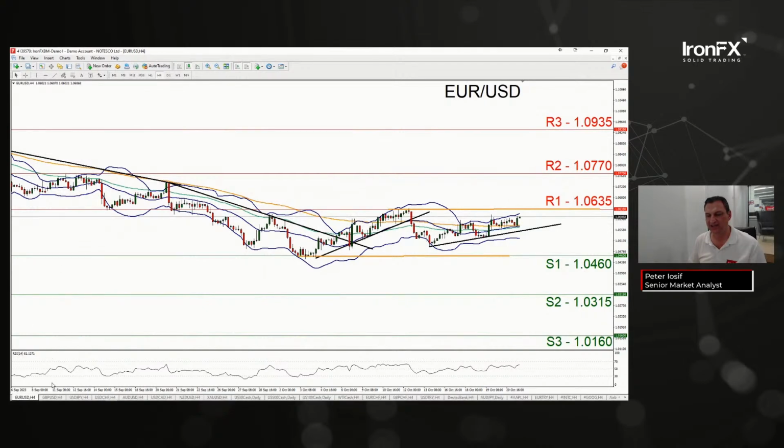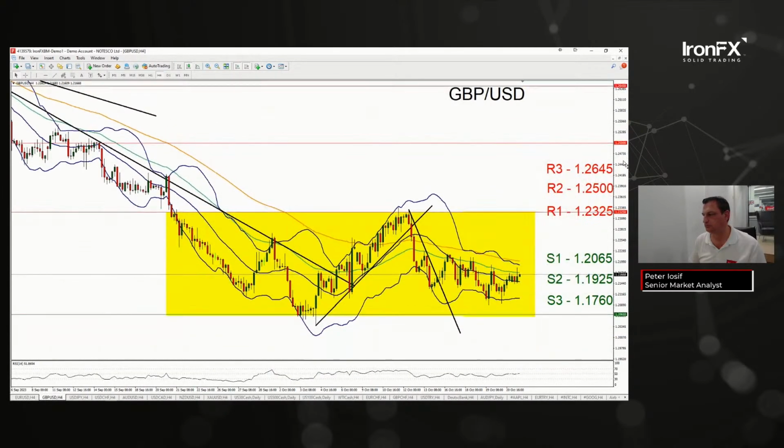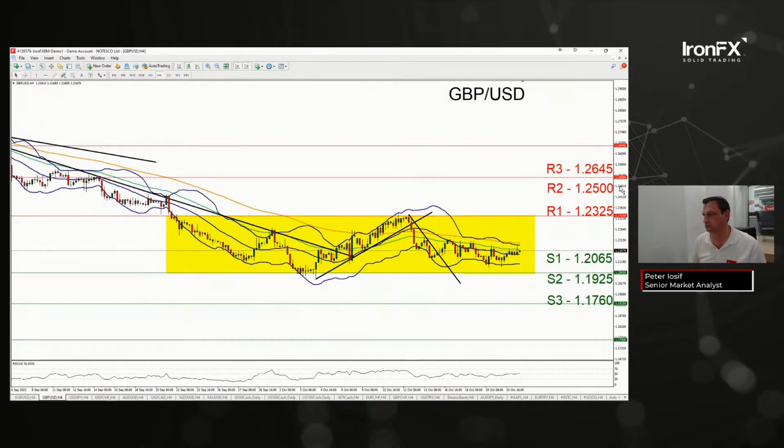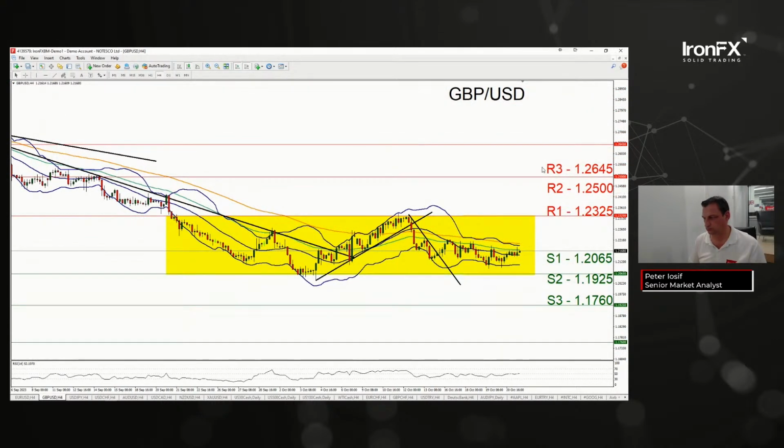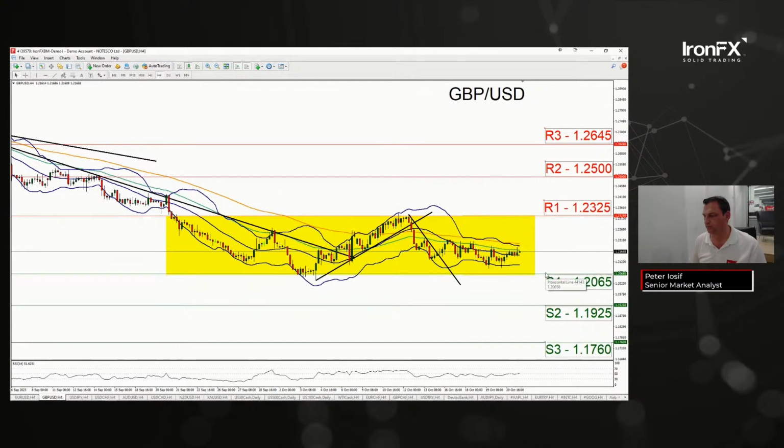Okay, let's have a look now at cable, GBP/USD. At this point, it would be interesting to note the differentials of cable against the euro, or if you prefer, how there is a difference in the reaction of the two currencies against the US dollar.